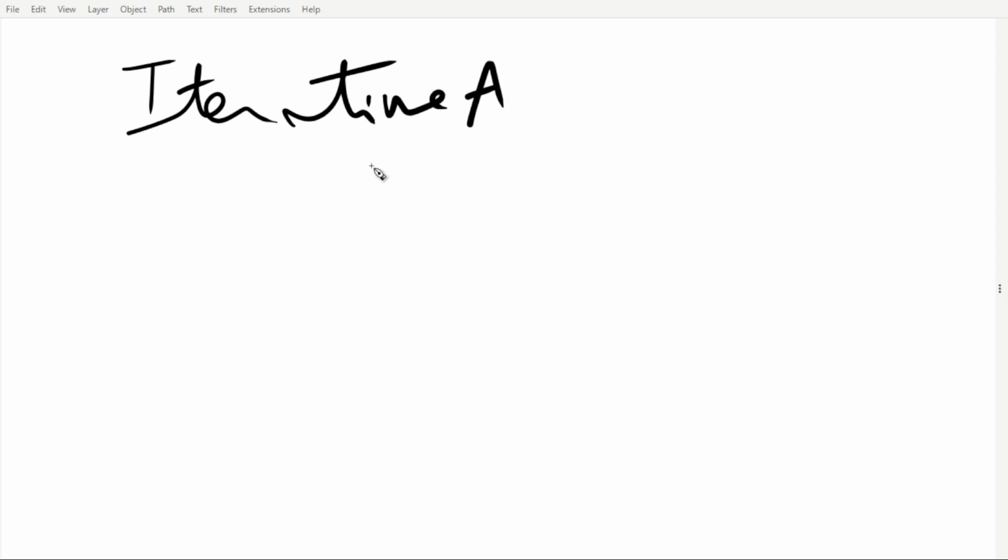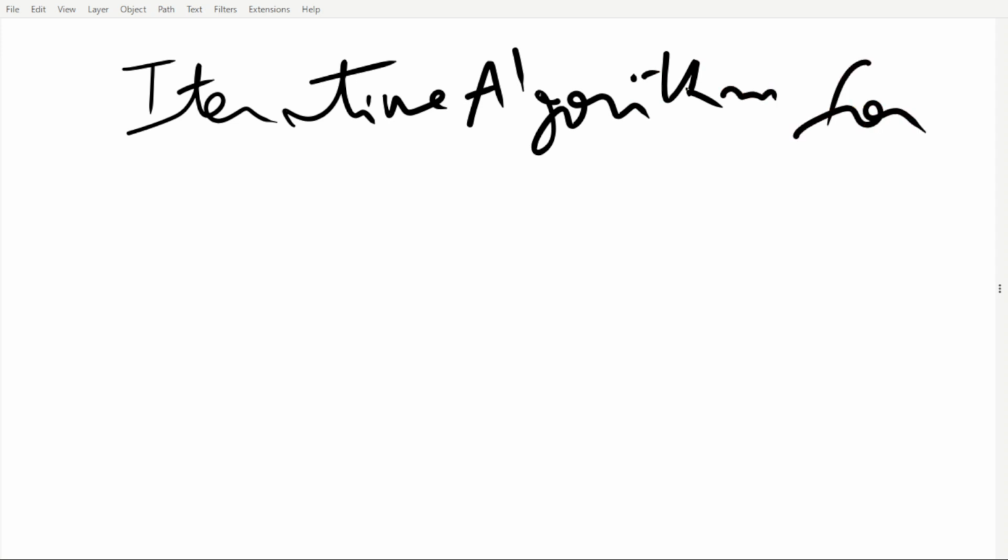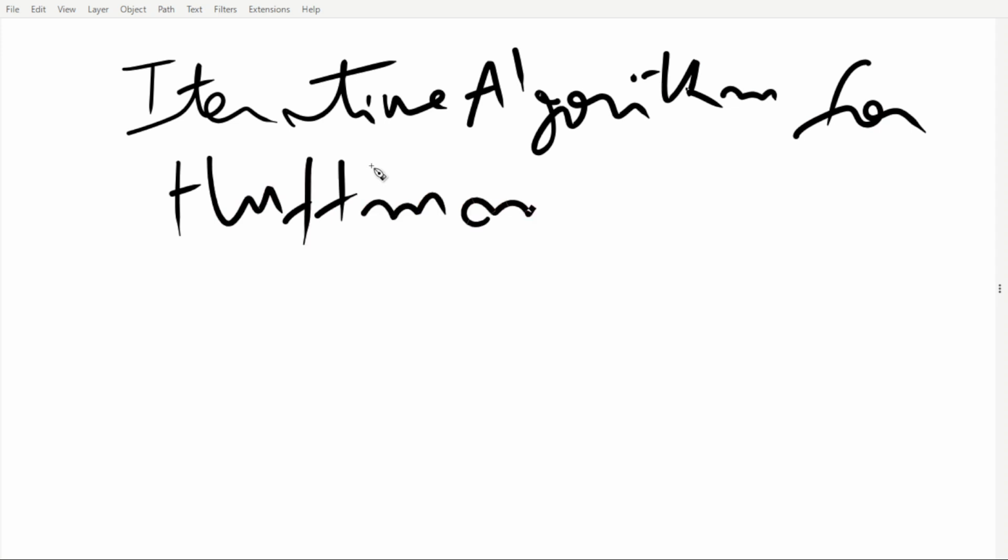So first we write the iterative algorithm and we'll prove its optimality by induction. Iterative algorithm for Huffman encoding.